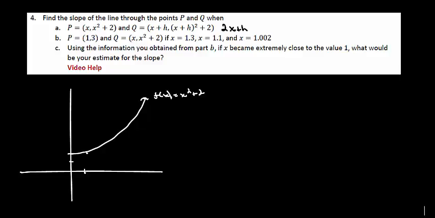When I go 1 over, it's not drawn perfectly, okay, but if you plug in 1, f at 1 is equal to 1 squared plus 2, which is 3.